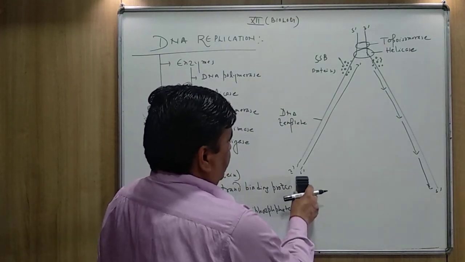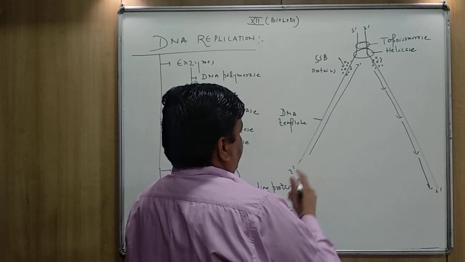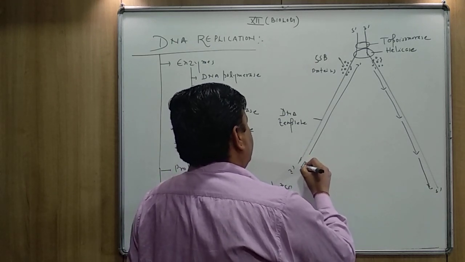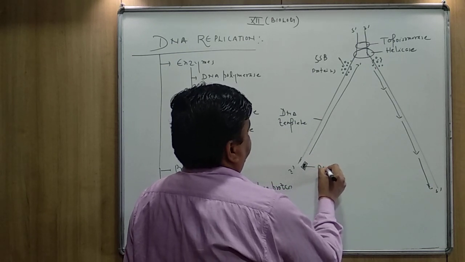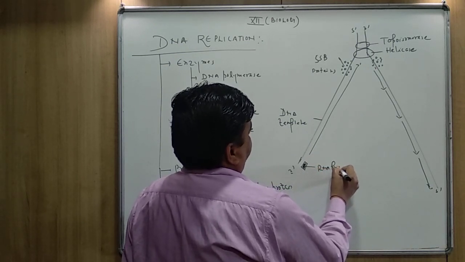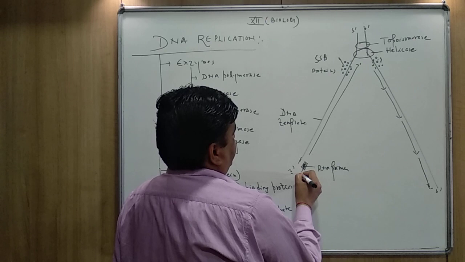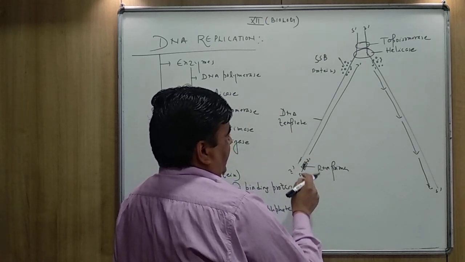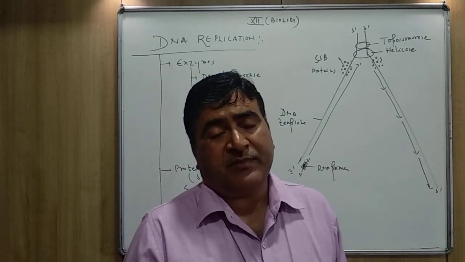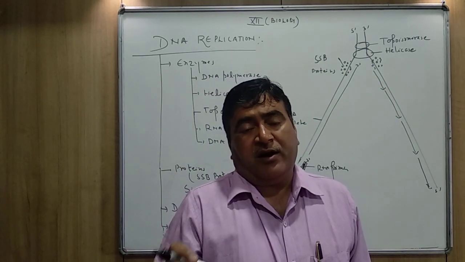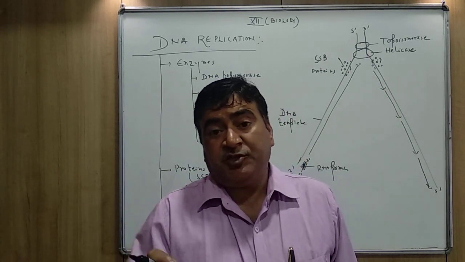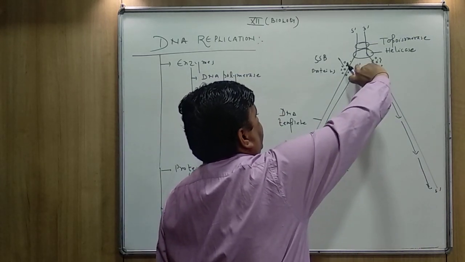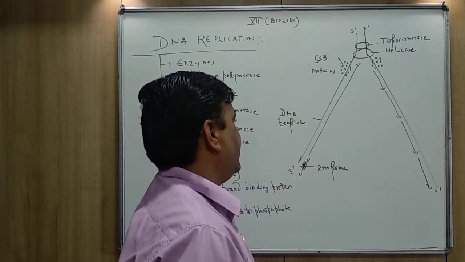First of all, it is not given in the book. A primer is required here, and this is called RNA primer. The RNA primer also has a 5 end and a 3 end. And then the primer helps to start the further polymerization in the presence of DNA polymerase enzyme.